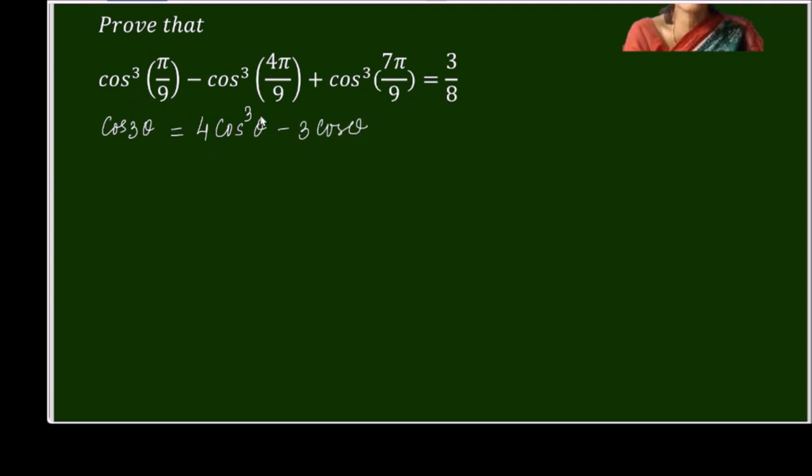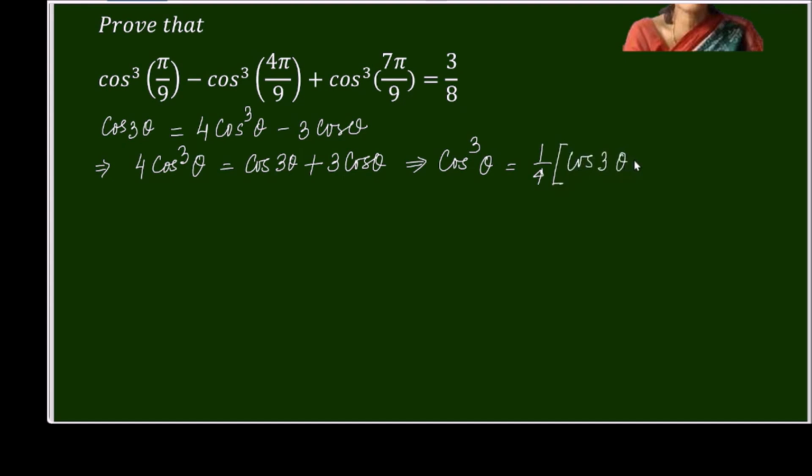Since it is cos cube, I can convert this: 4 cos³ theta equals cos 3 theta plus 3 cos theta, or cos³ theta equals 1/4 (cos 3 theta plus 3 cos theta).